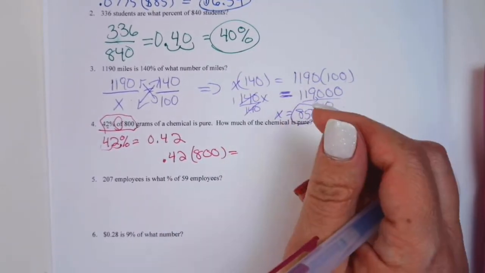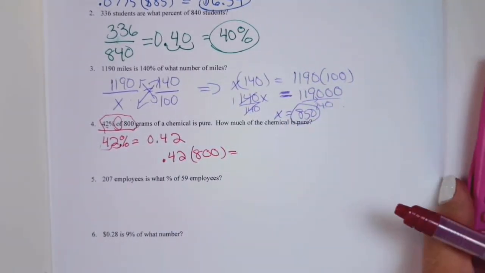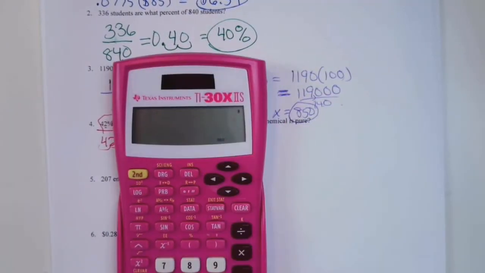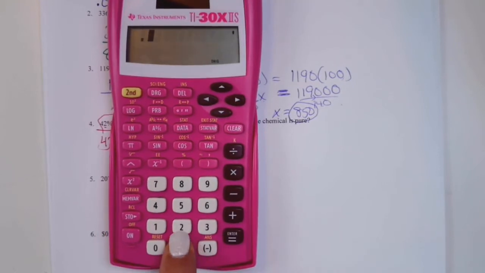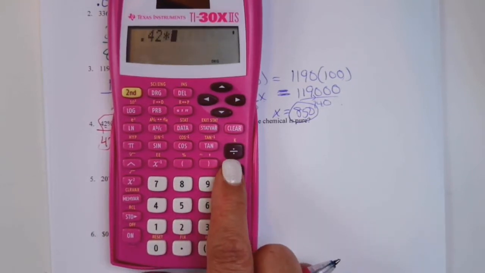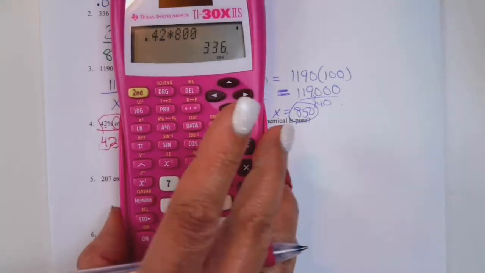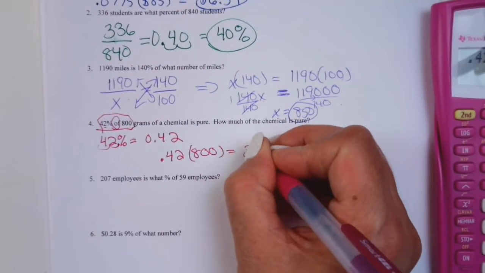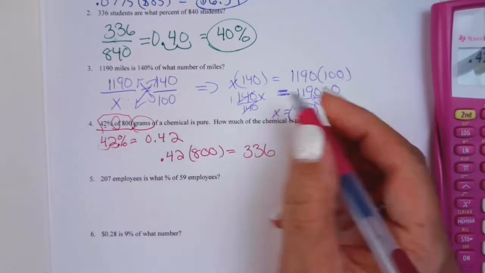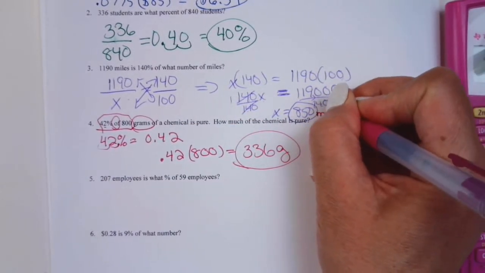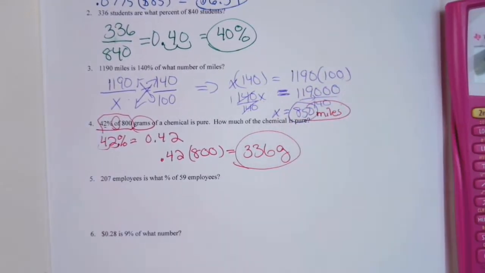And again, when we take the calculator and do that calculation, 0.42 times 800, that is 336. And this is 336 grams. I forgot the miles from here. Don't forget the units.